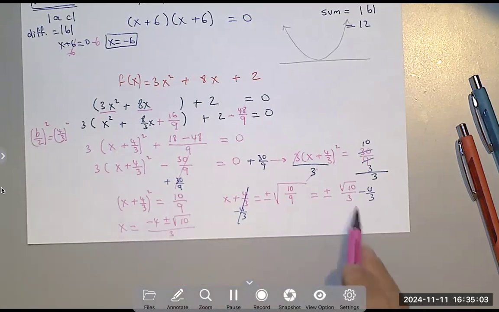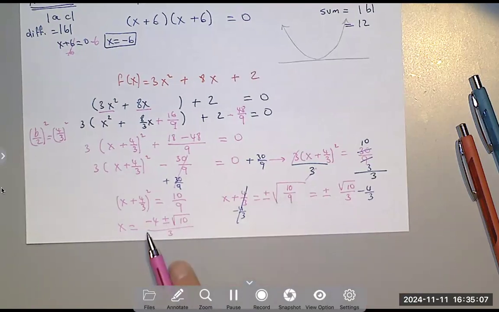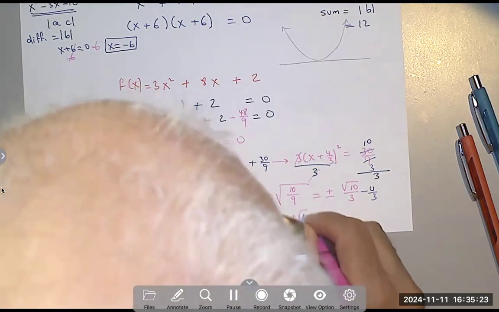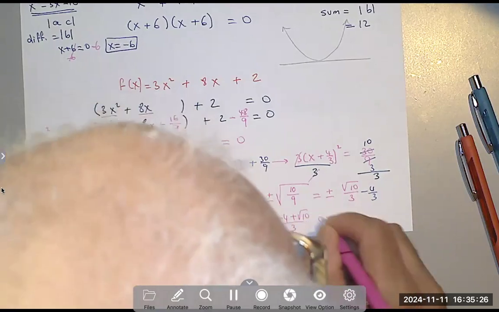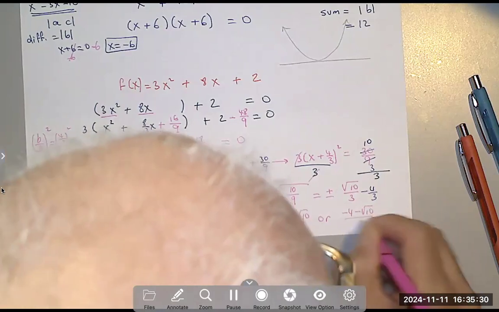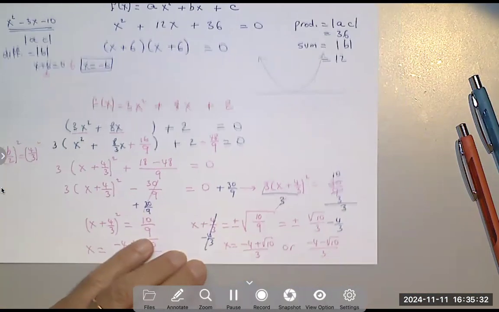Notice I just used the common factor, and usually I wrote the -4 first, and then the plus or minus root. So that's an irrational number. It doesn't matter. Both of them are on the negative side, but I get either x equals -4 plus root 10/3, or -4 minus root 10/3, and these are the answers.